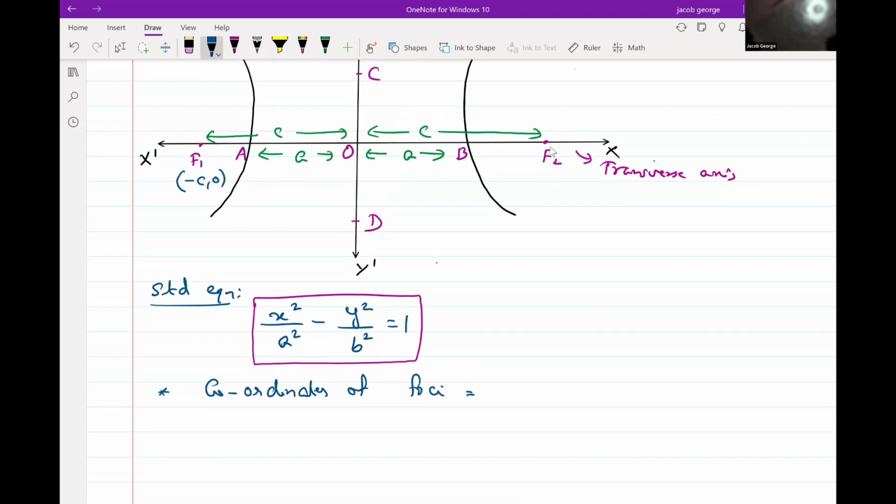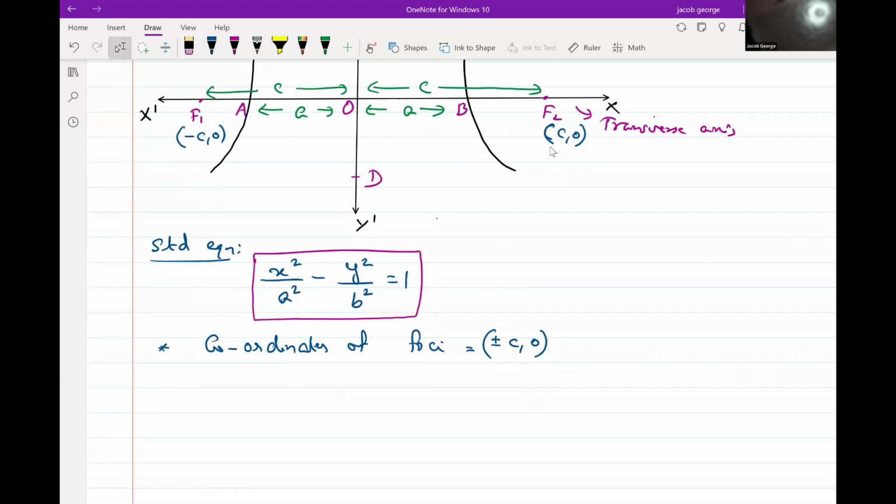So this is minus c, 0 and this will be plus c, 0. So the coordinates of foci are plus or minus c, 0. Next, coordinates of vertices are plus or minus a, 0.